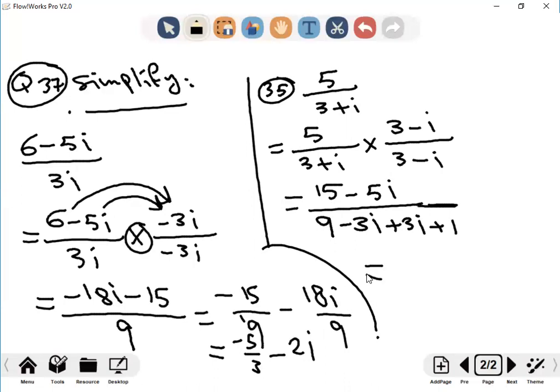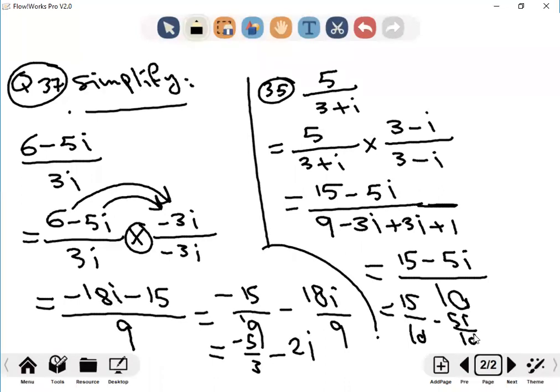This is equal to the top over 10, right? Now distribute: 15 over 10 minus 5i over 10. Divide up and down to get 3 over 2 minus half i, right?